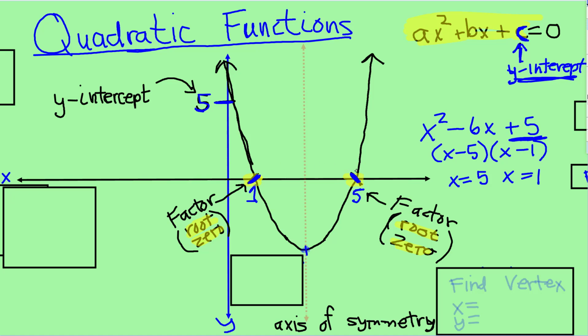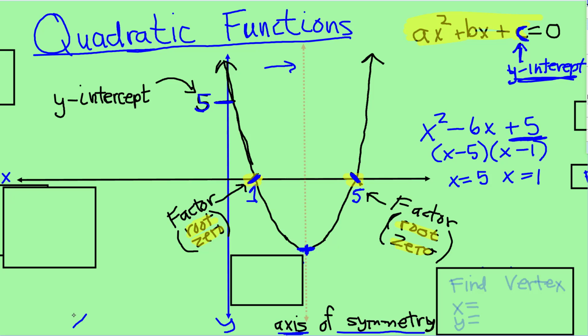And if you notice a parabola, as it comes down here to the vertex, the lowest point, if you look left and right, the graph is symmetrical. And it is divided in half by this invisible line right here called the axis of symmetry. The axis of symmetry is a vertical line.